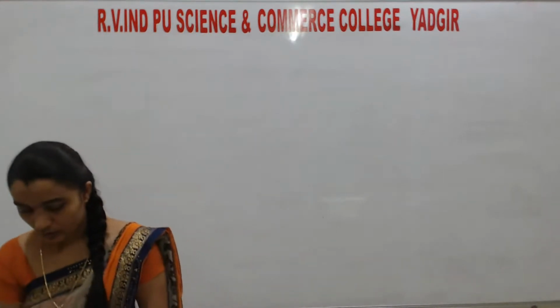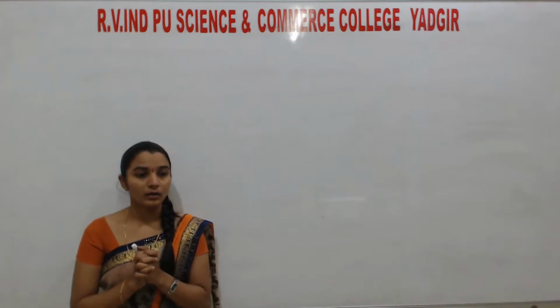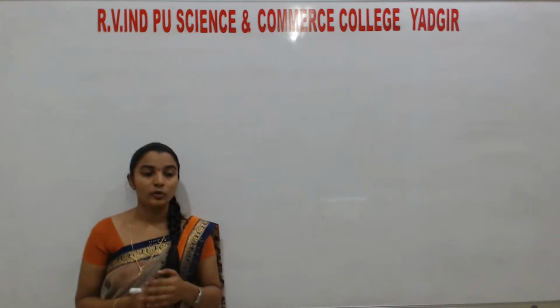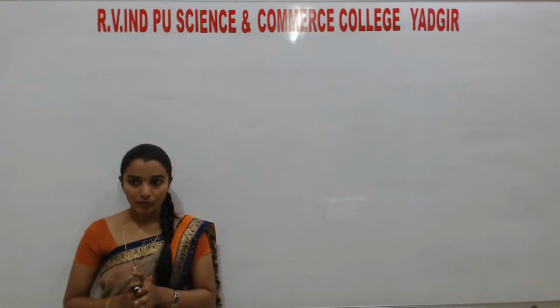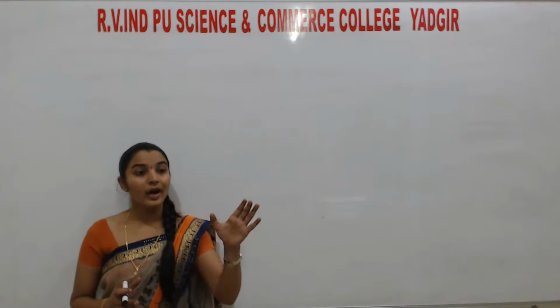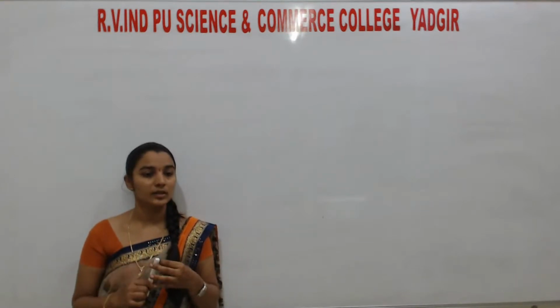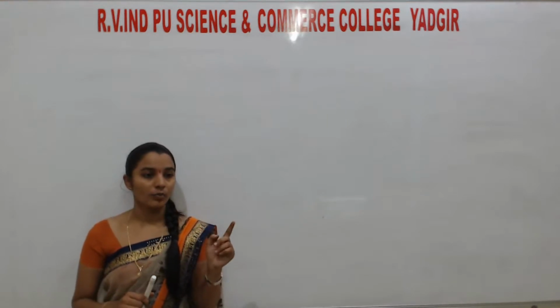Okay, students, I'll repeat the definitions once again, then you will come to know. Before that, later I'll explain homologous series. Initially, listen. Carbon and its compounds, other than hetero compounds like oxygen, sulfur, nitrogen, etc., are called organic compounds.